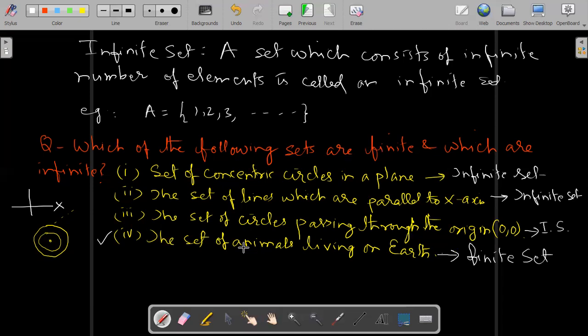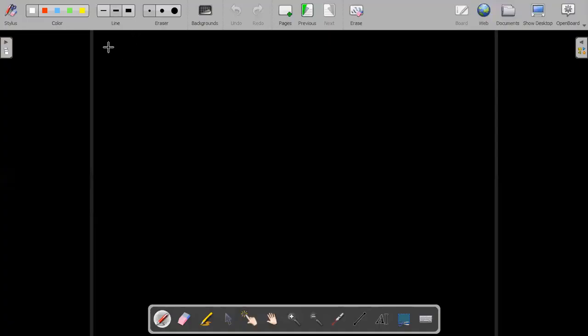Now we have equivalent sets. What are equivalent sets? Equivalent sets and equal sets are different.